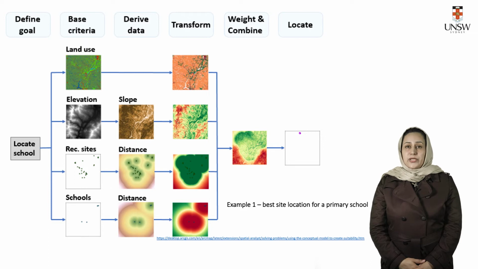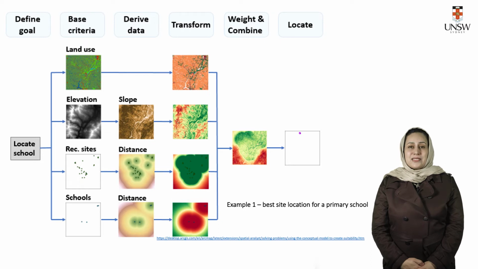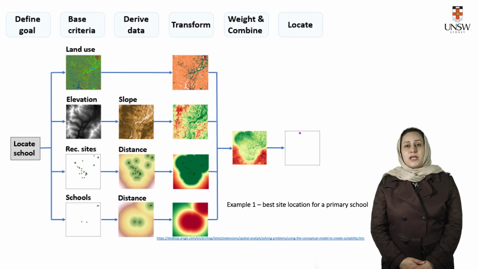Second, locate the school in a relatively flat area, not in a hilly area. Third, locate the school in a 500-meter distance from existing recreation sites such as playground. Fourth, locate a school at least in 1 kilometer distance from existing hospitals.